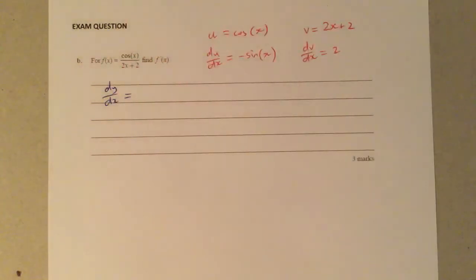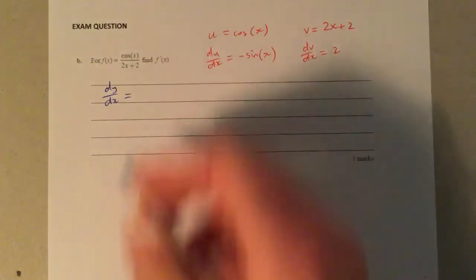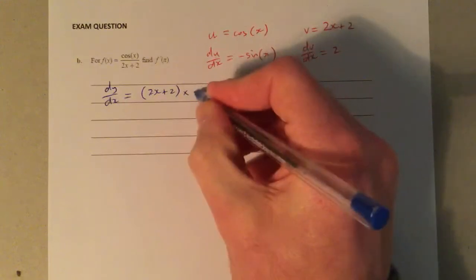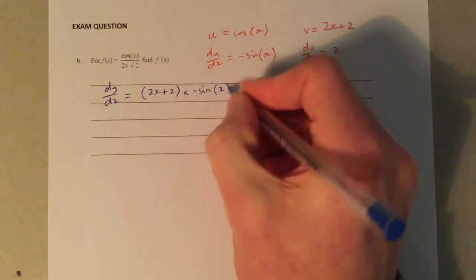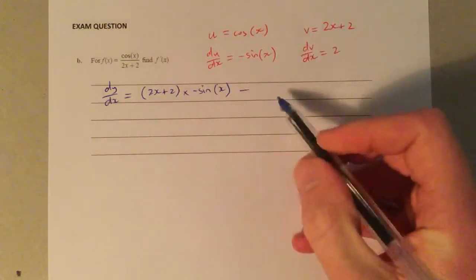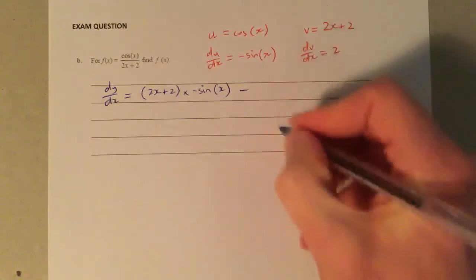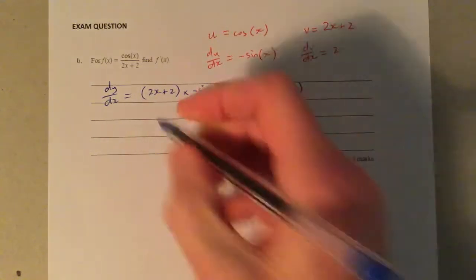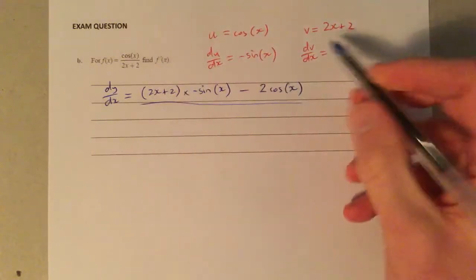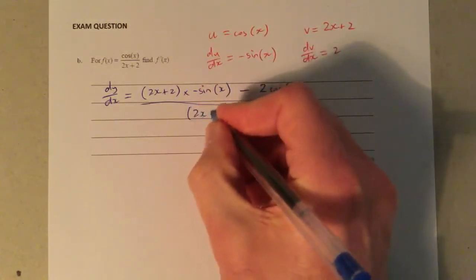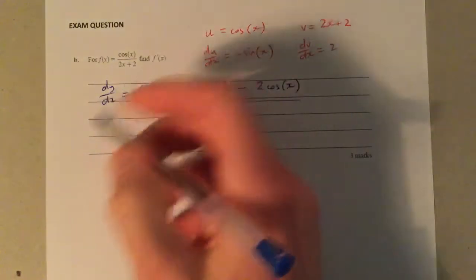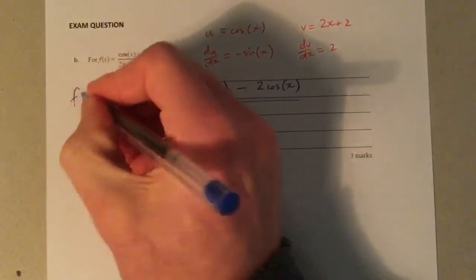We get dy dx equals v times du dx, so 2x plus 2 times negative sine x minus u times dv dx, so cos x times 2, all over v squared, which is 2x plus 2 squared.